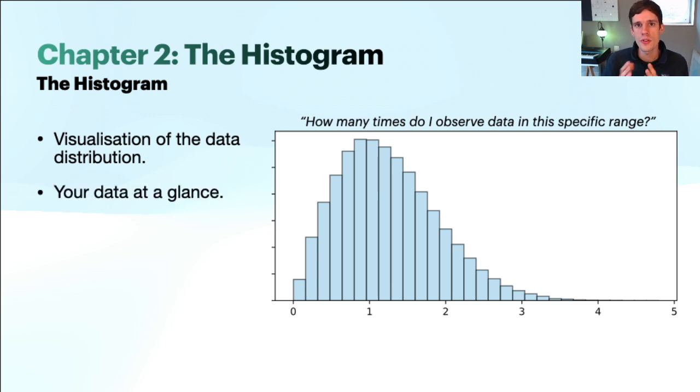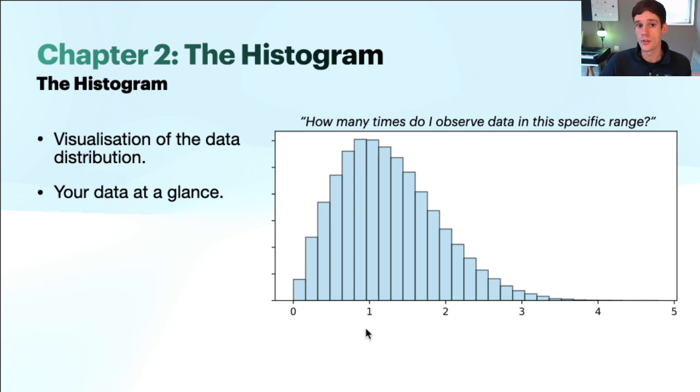Now once we have our histogram, what can we actually get from it? Well, the first use case is a very practical one. By simply looking at the shape of our histogram, we can derive some general properties of our distribution. Let's take this histogram as an example. We see that all of our values lie between the value 0 and the value 5. However, most of our values are clustered around the value 1.